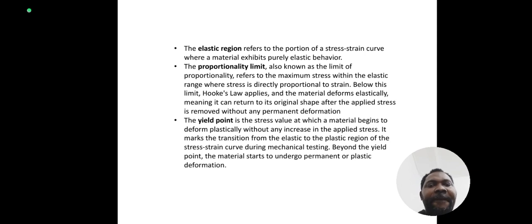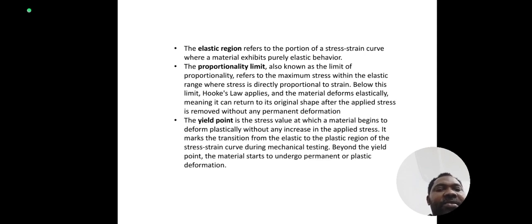So now, the yield point is the stress value at which a material begins to deform plastically. With this yield point, you have exceeded the elastic region. Without any increase in the applied stress, it marks the transition from the elastic to the plastic region of the stress strain curve during mechanical testing.